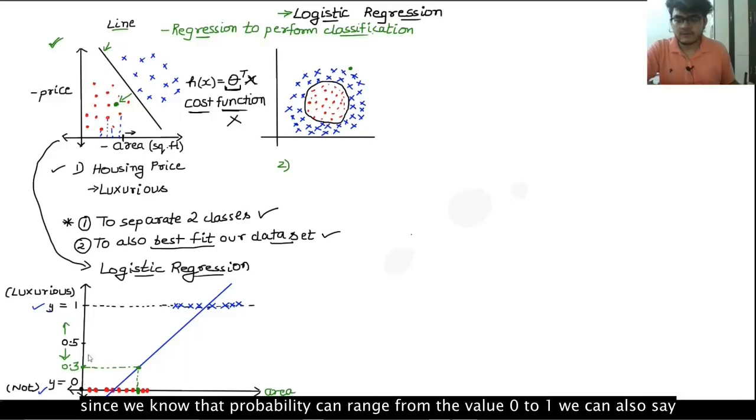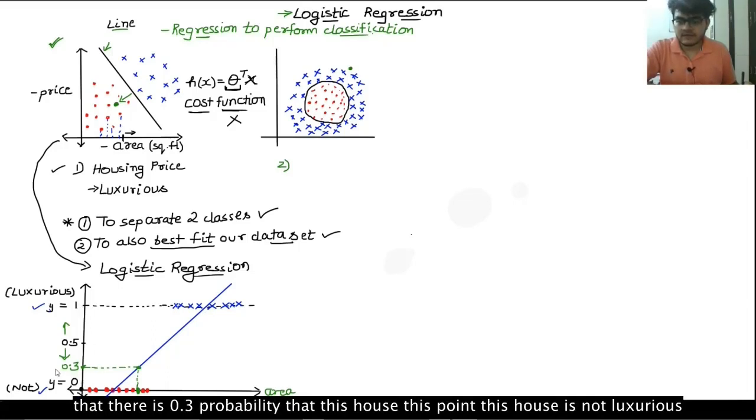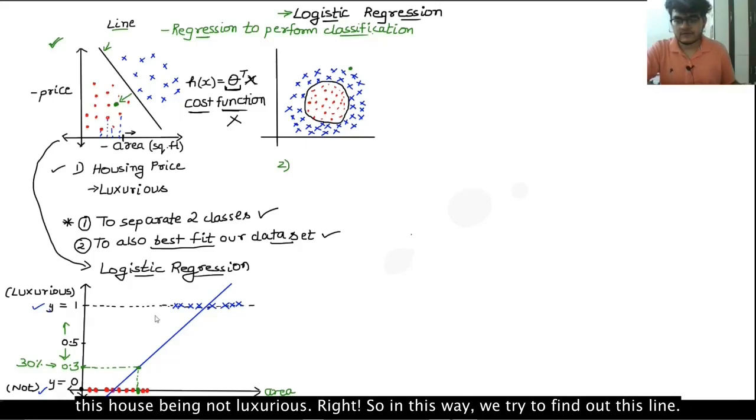Now, since we know that probability can range from the value 0 to 1, we can also say that there is 0.3 probability that this house is not luxurious. Or in other words, we can say there is a 30% chance of this house being not luxurious. Right, so in this way we try to find out this line.